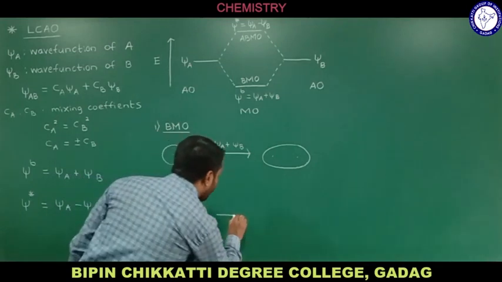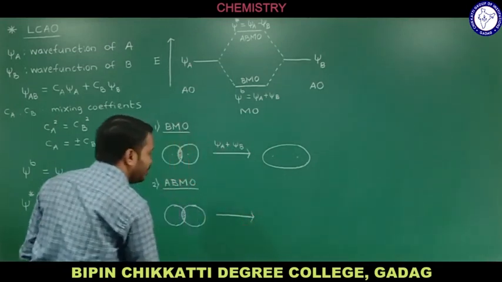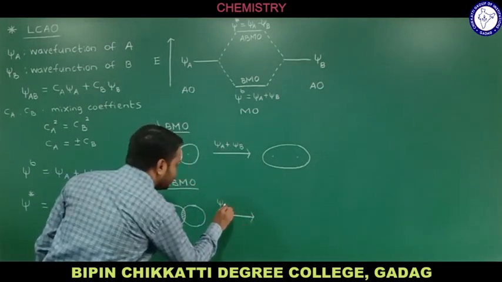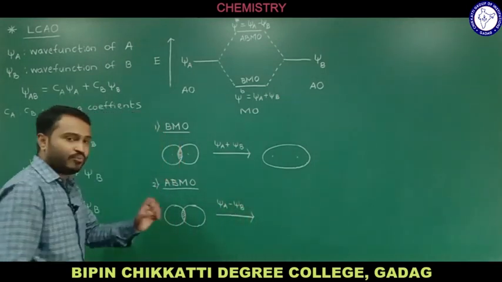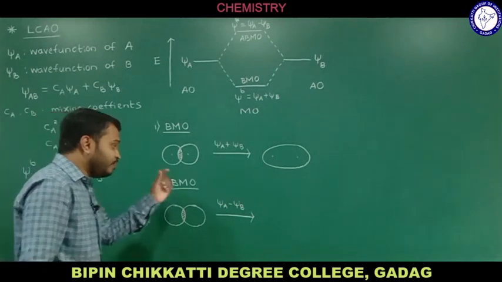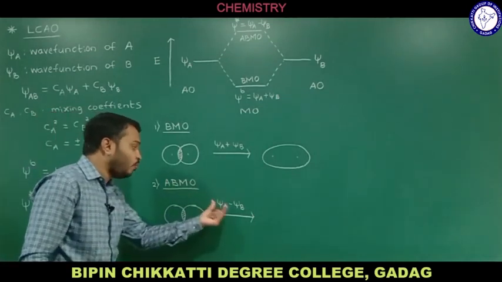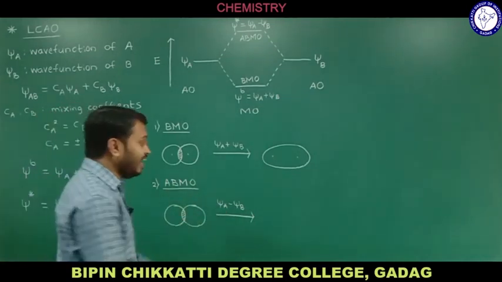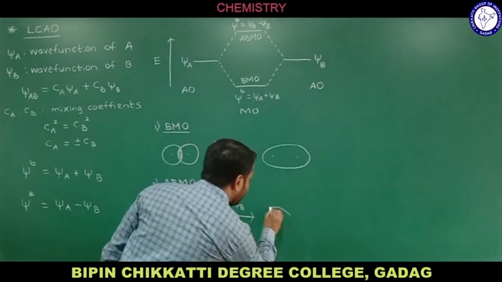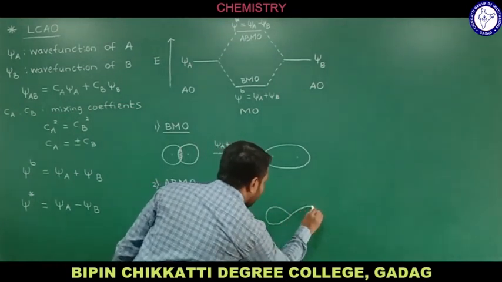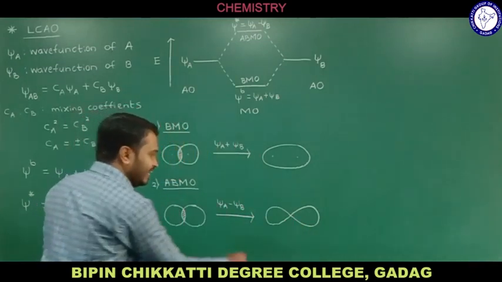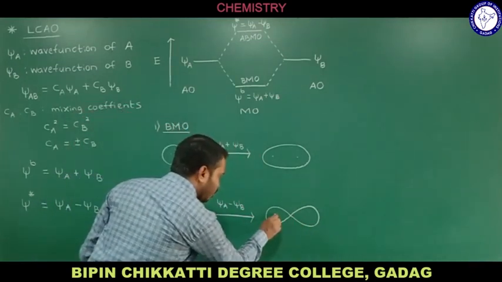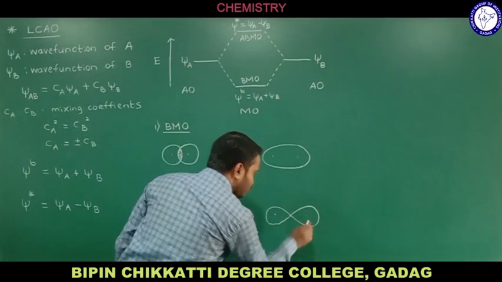In case of ABMO there will be subtraction of atomic orbitals, so I am going to consider psi A minus psi B. With subtraction overlap of atomic orbitals, this is how I can represent the shape of the molecular orbital, with the nucleus of each orbital shown here.